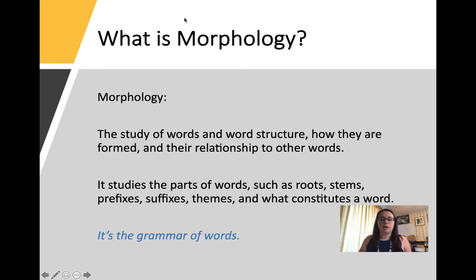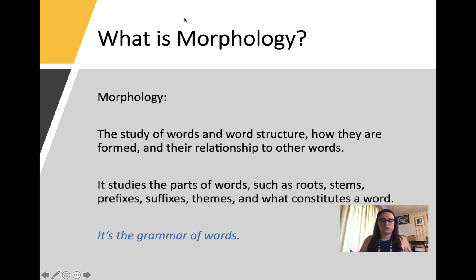Morphology studies the parts of words, and these parts have names, such as roots, which can be the smallest unit of sound and meaning, at the core of a word. Stems tend to be roots plus one or more parts, a little more complex than roots, but still a core meaning. And then what do you attach to those roots and stems?